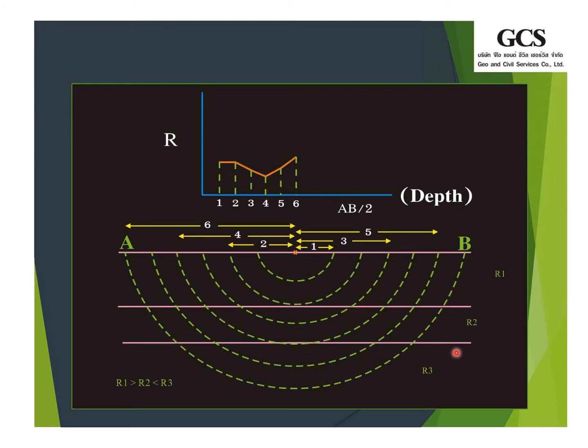It was found that the resistance of R1 was higher than the resistance of R2, and the resistance of R2 was less than the resistance of R3.